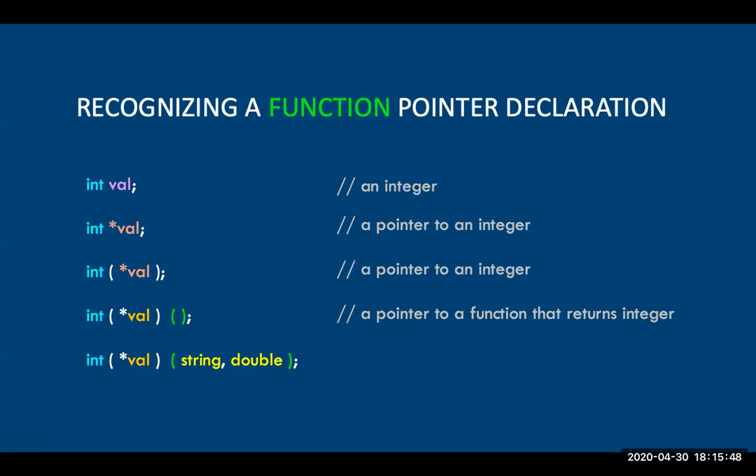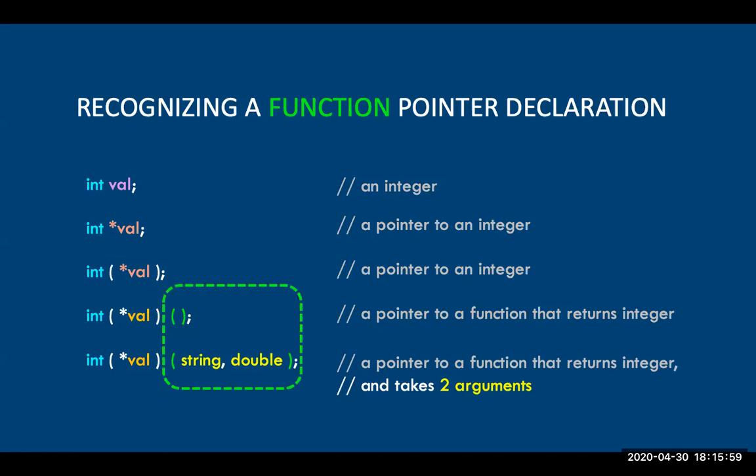These are just individually considered. So that would be a function pointer that returns an integer and has these two arguments, okay? Those are the two that actually are function pointer declarations. All right, any questions on that?